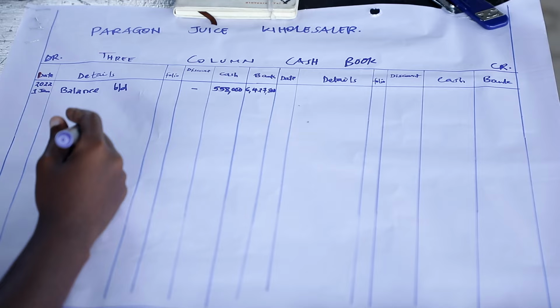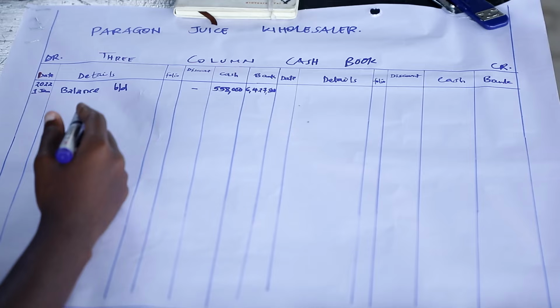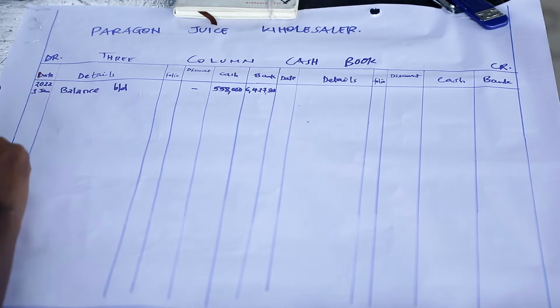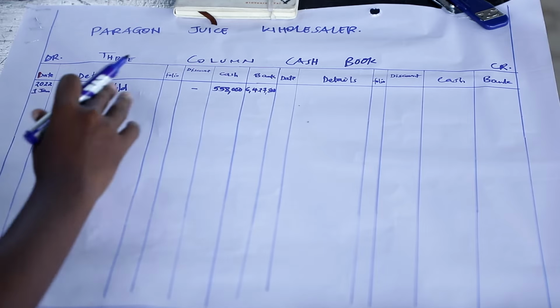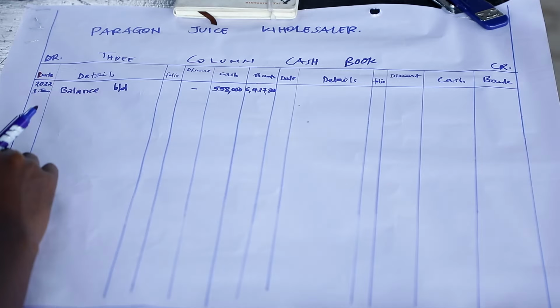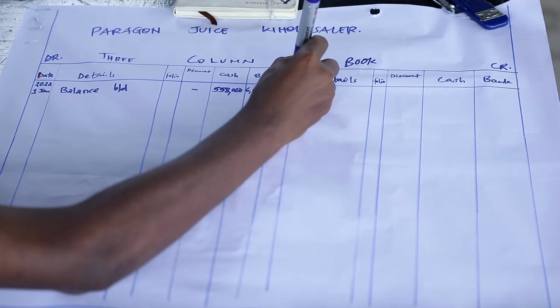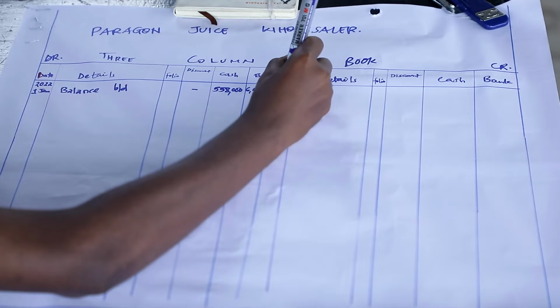The second entry will be on 1st January: purchase goods by cash, by check. Remember that purchases means that we are going to debit the purchases account and credit the cash account, the bank account. So in the 3-column cash book we put purchases on the credit side, because on the debit side of the cash book we record all cash inflows, the ones we receive, but on the credit side we record those that go out. So 2022, 1st January.